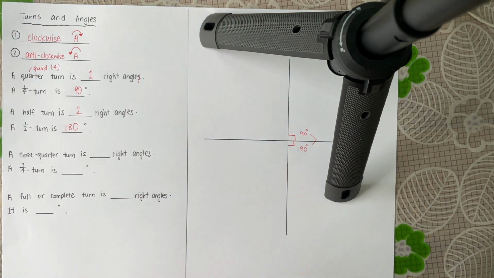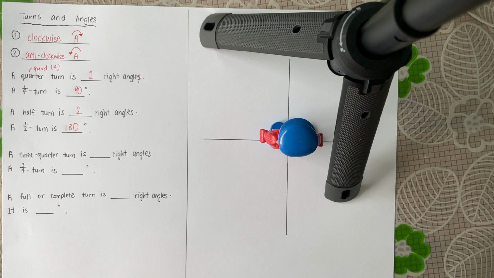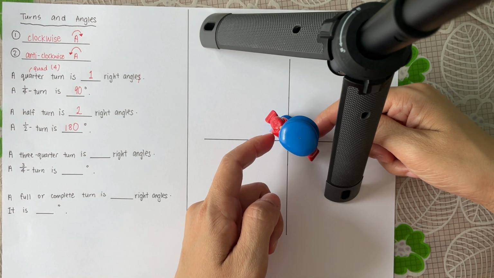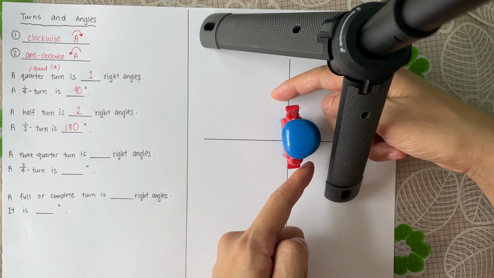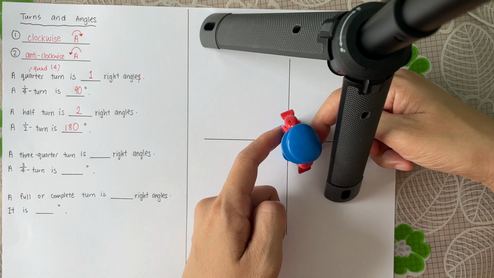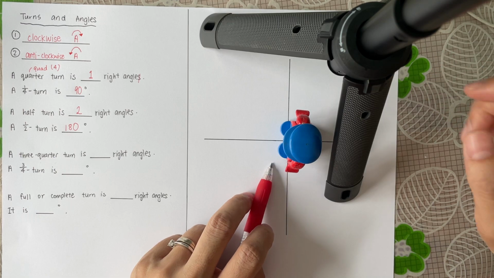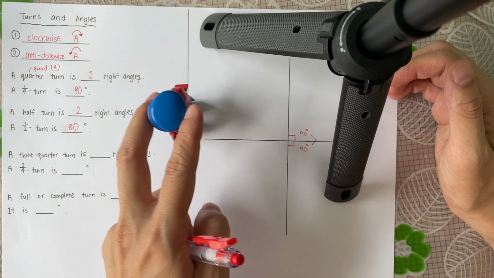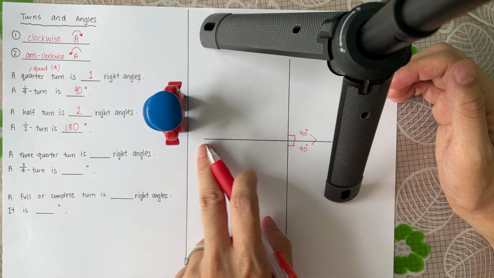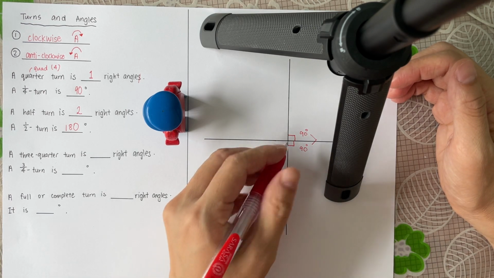Now, next, you could guess, Mr. Lego Man now is going to make a 3/4 turn. So this is 1/4, this is 2/4 or a half, and this would be 3/4. So he would cover an additional 1 more right angle. Since he's facing this direction, he's going to cover this portion of angle as well.